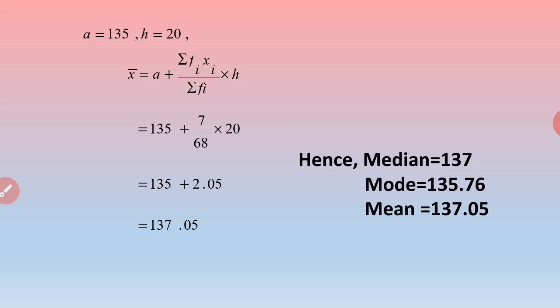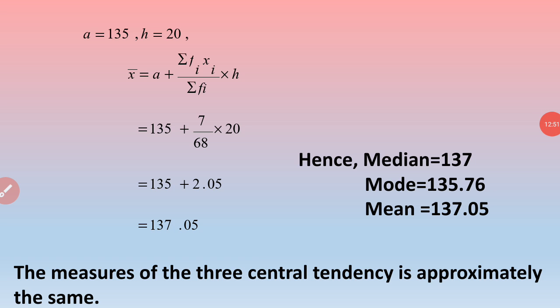We will see that all these values lie around the center of the given data and they are near each other. The measures of three central tendency is thus approximately the same. With this, let us move to another question.